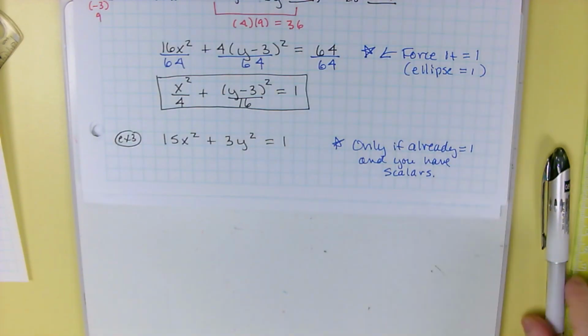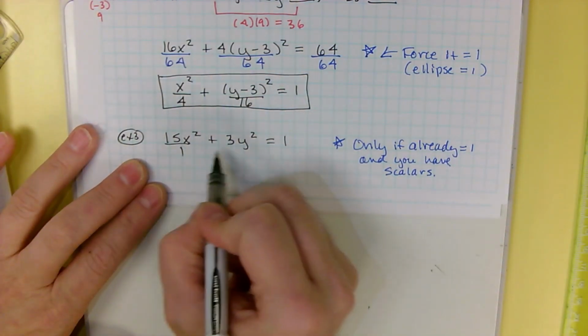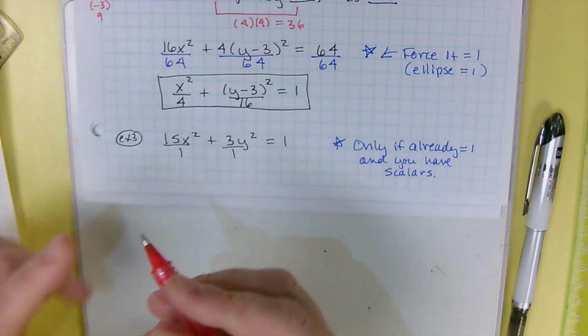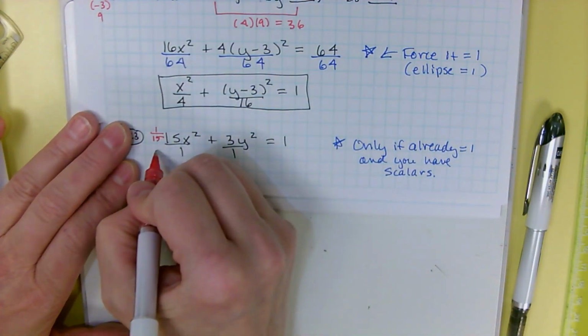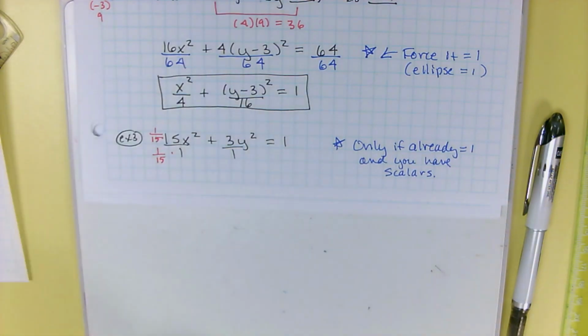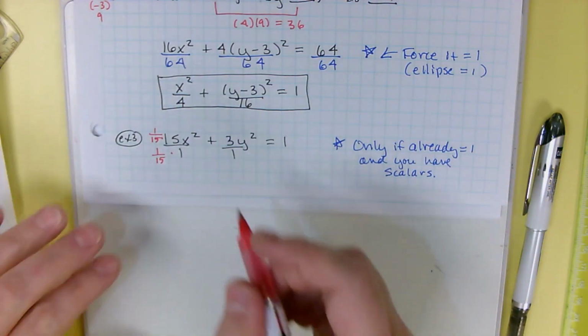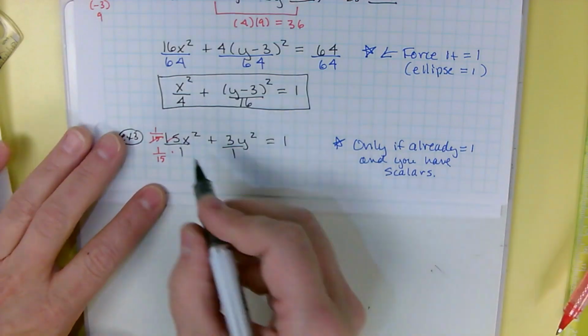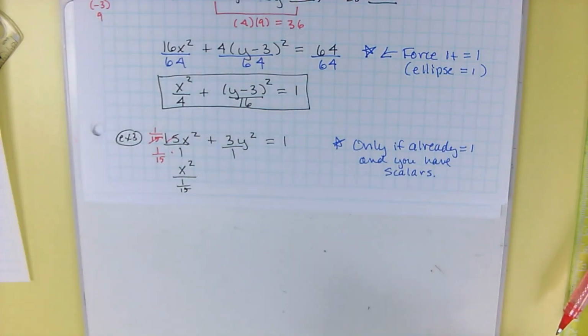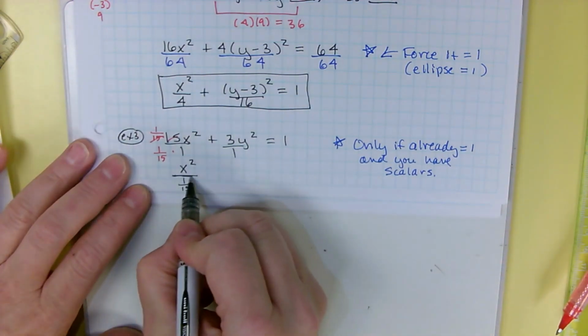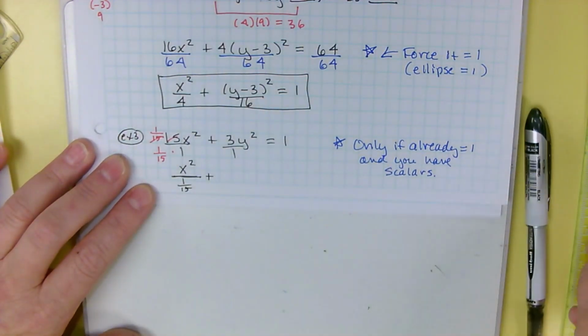So what I need to do is move the 15 and the 3. So put both of those over their 1s. I'm going to multiply the 15 by 1 over 15 on the top and 1 over 15 on the bottom. What happens is the 15s cancel on the top, and now I have x squared over 1/15. Weird, but correct. We're going to do the same thing with the 3.